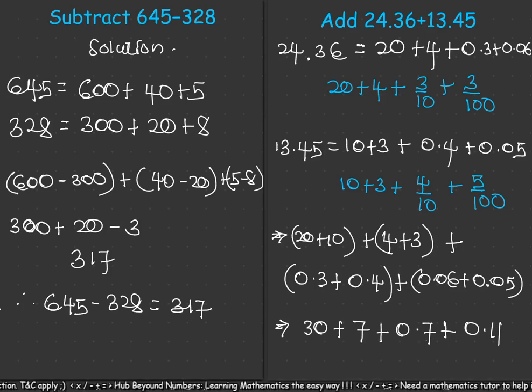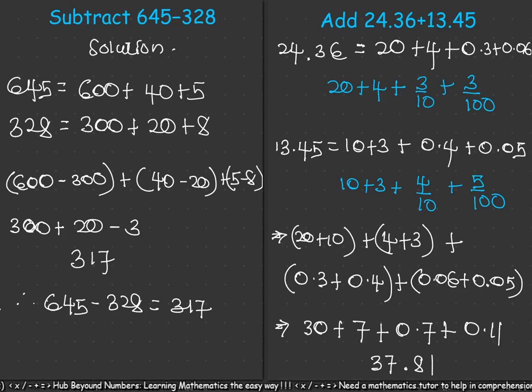Then 37.7 plus 0.11 will then give you 37.81. If it comes to addition of decimals and maybe you have problems with that, you can always visit the playlist I have on decimal fractions and you'll be sorted out. So basically, this is how we add and subtract numbers using the partitioning method.